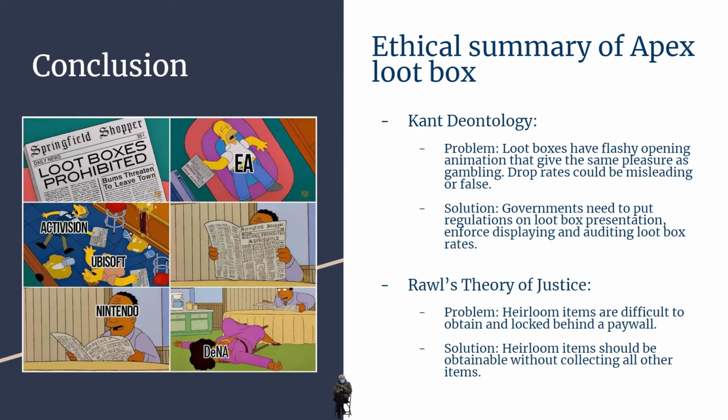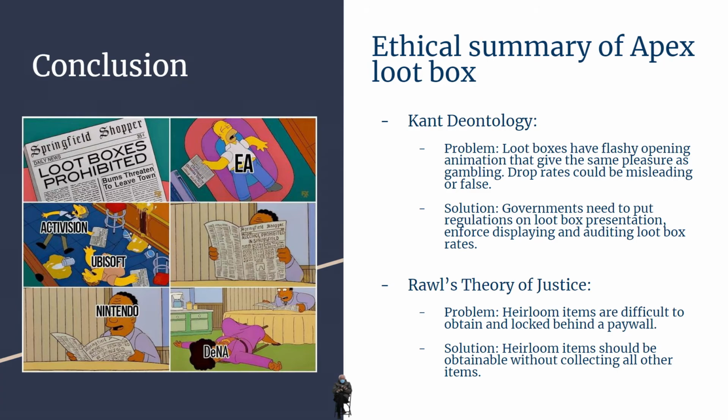Kantian deontology is concerned with the way flashy loot box animations are used to lure players into spending money, and the implications of loot box rates being misleading or false. The solution is for governments to set regulations on the presentation of loot boxes and enforce displaying and auditing loot box rates.